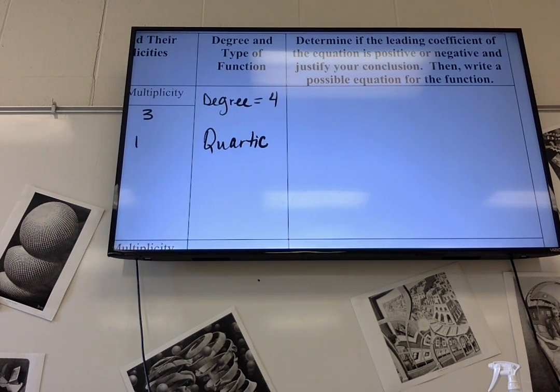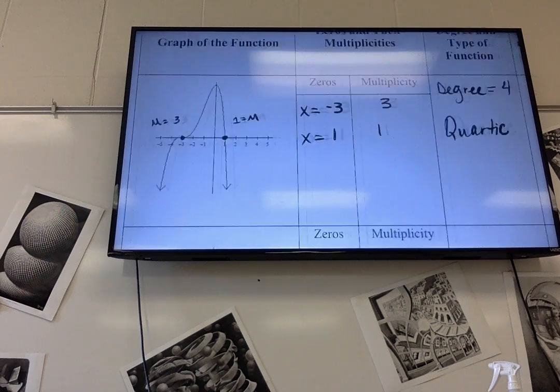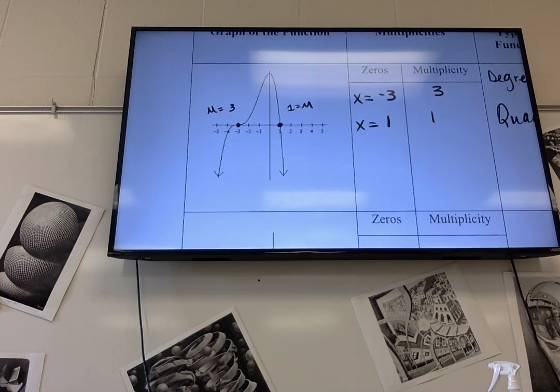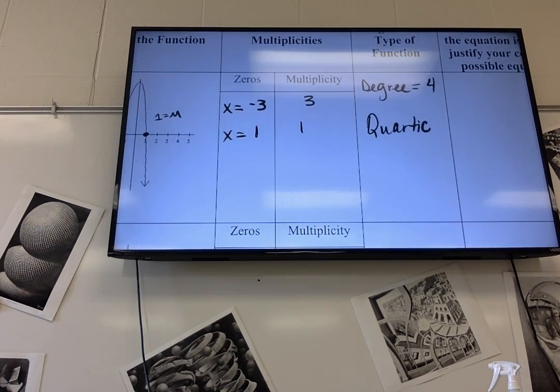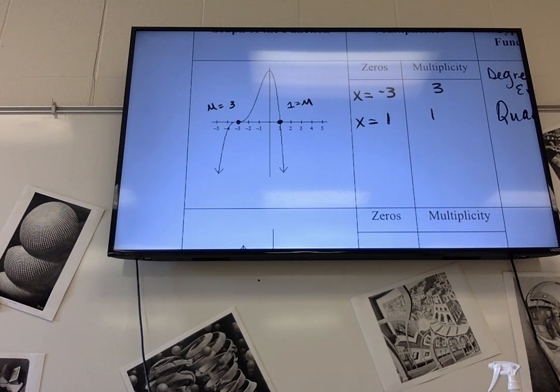Justify your conclusion, and then write a possible equation for the function. So, its degree is 4. So like you said, that is definitely even. Is the leading coefficient positive or negative, Jose? Negative, because they're both pointing down, right?